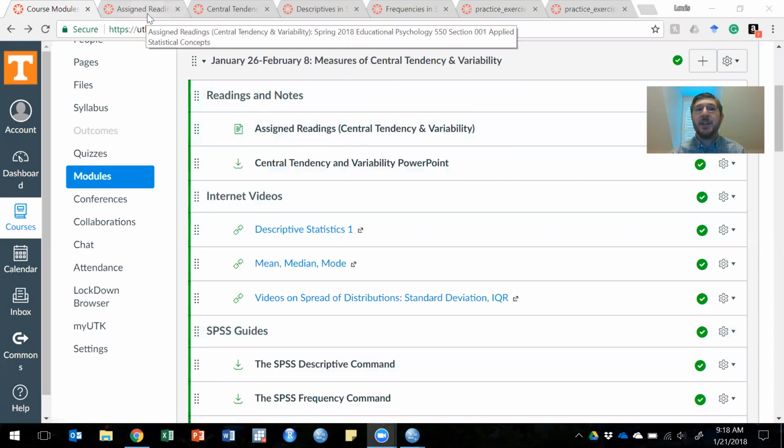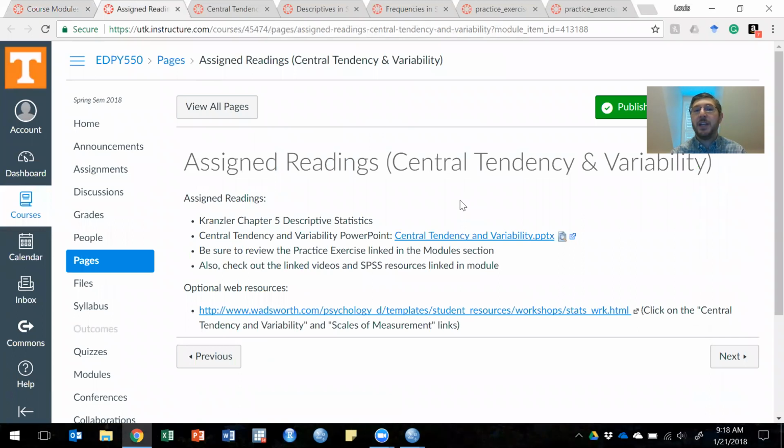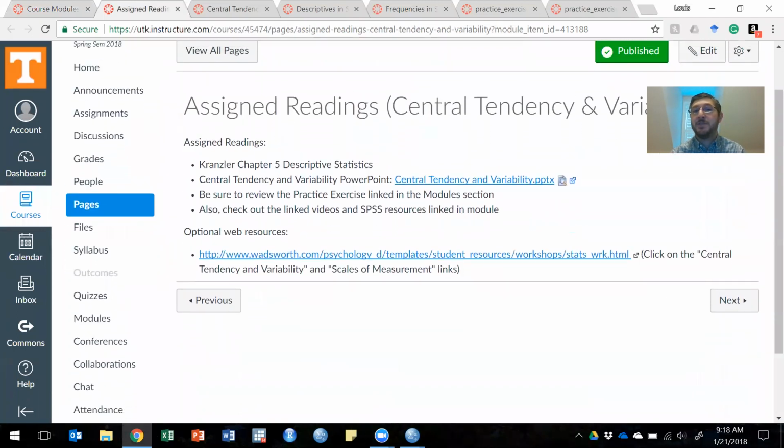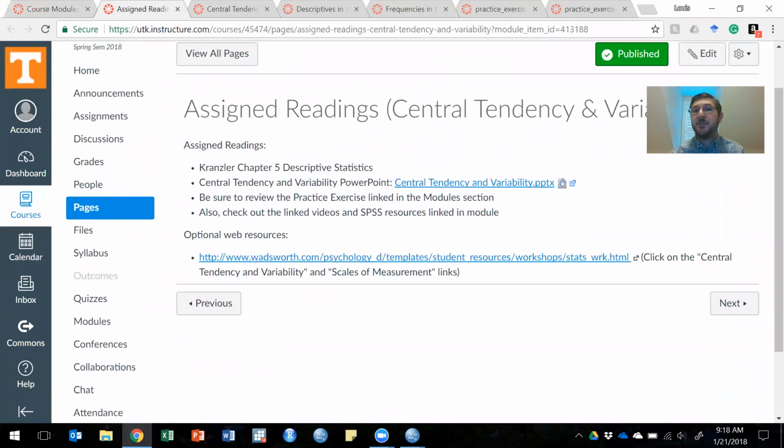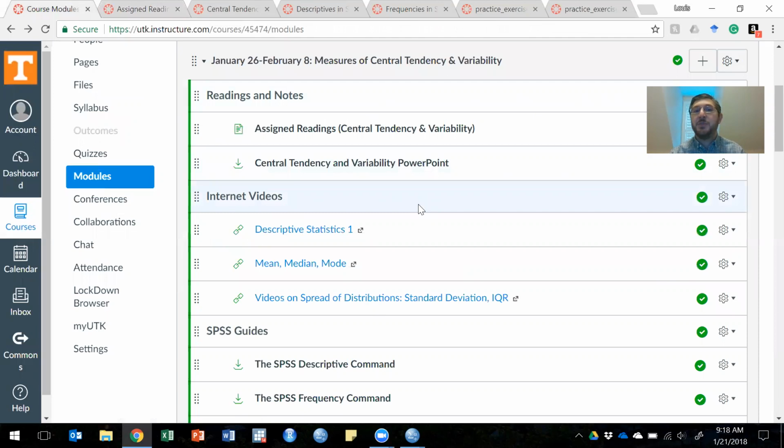The assigned readings for the week: you can read Chapter 5, Descriptive Statistics, in the Kranzler text. Also have a good PowerPoint. We'll go over a little bit on central tendency and variability. And then also be sure to check out the practice exercises and my SPSS resources, which you can see here.